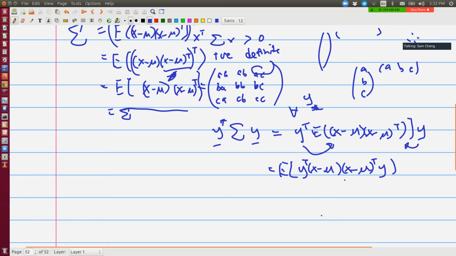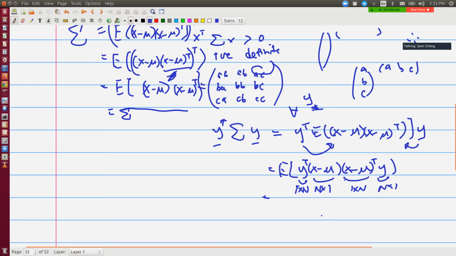Note that the matrix is n by n, and this is n by 1 and this is 1 by n. If I look at this factor here, it is 1 by n, and this one is n by 1.